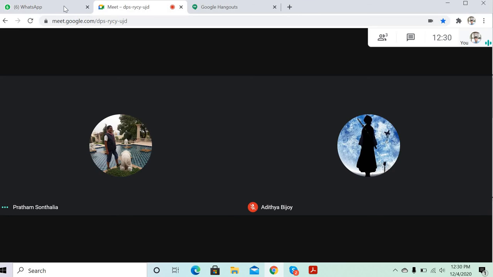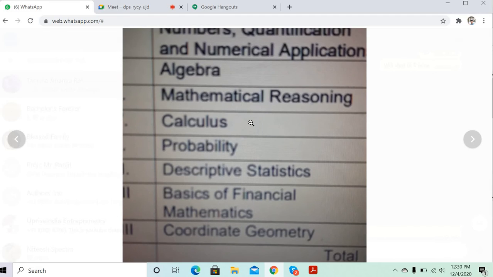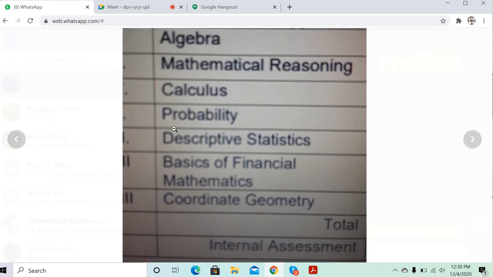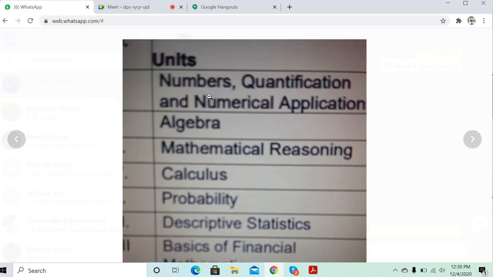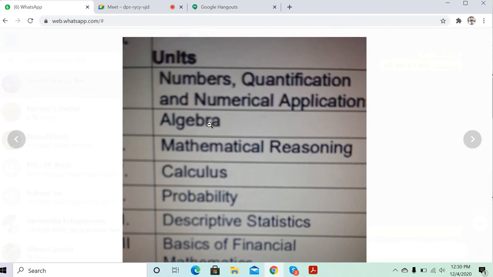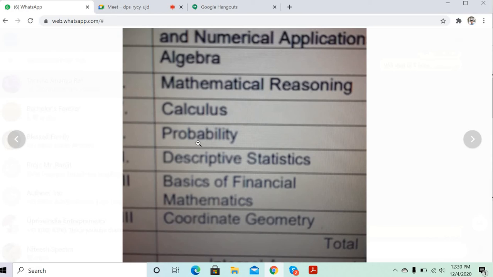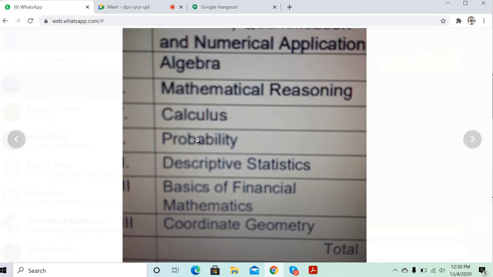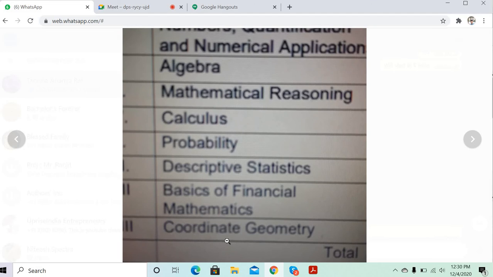So which chapter do you want to do? Calculus is there for you, limits and derivatives, and mathematical reasoning, number classification, algebra. So shall we do from the calculus part? Because calculus is only. Okay, sir. So yeah, calculus is present in the book for you.